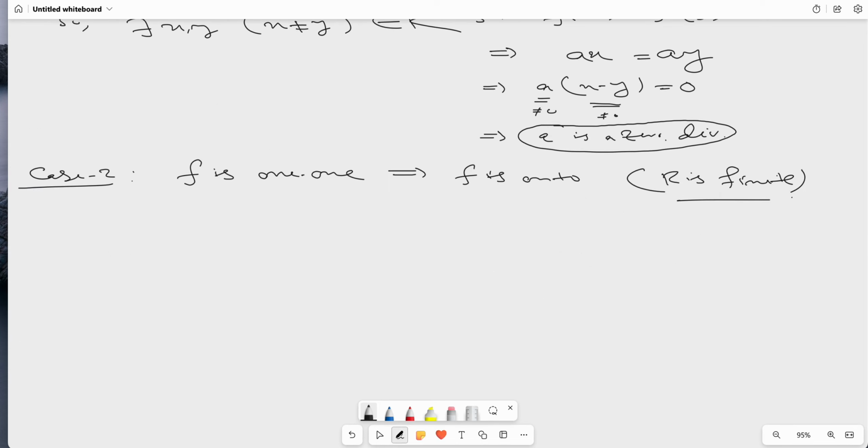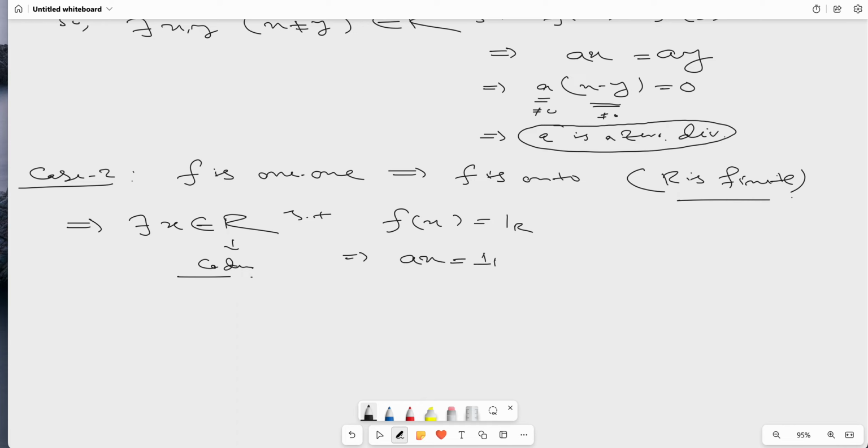So onto means there exists x inside the ring R such that f(x) equals 1, because this is a finite commutative ring with unity. There is 1 inside the ring, so every element should have a pre-image. So there exists x such that f(x) equals 1_R, right? It means that ax equals 1_R. This means that a is a unit.